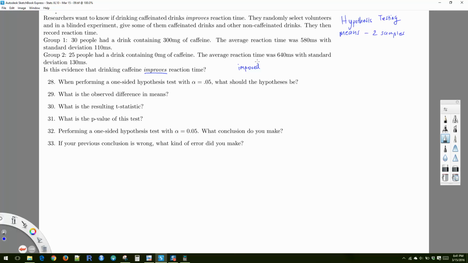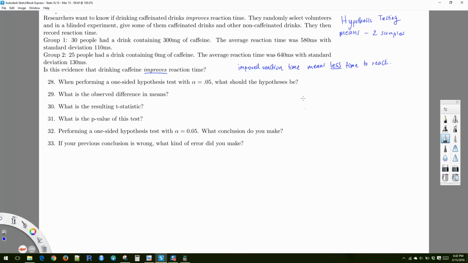Improved performance might mean you got fewer mistakes or something like that. So you just have to think, what does it mean to improve? Improved reaction time means less time to react.